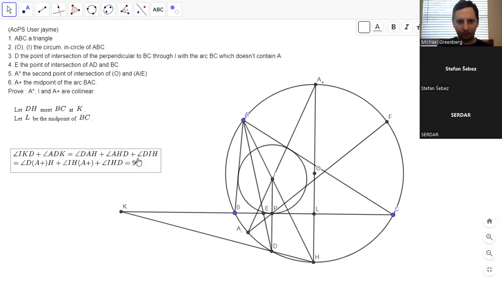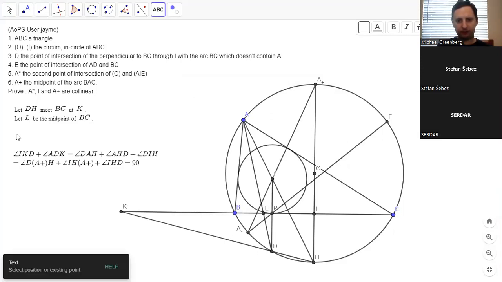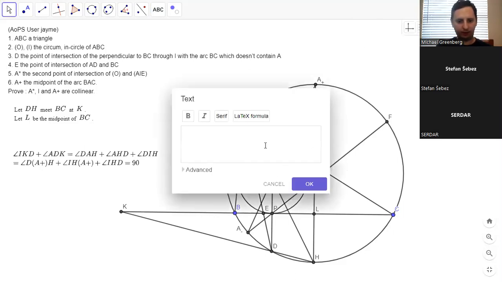Okay, so angle ADK equals 90 equals angle ALK. Cyclic.